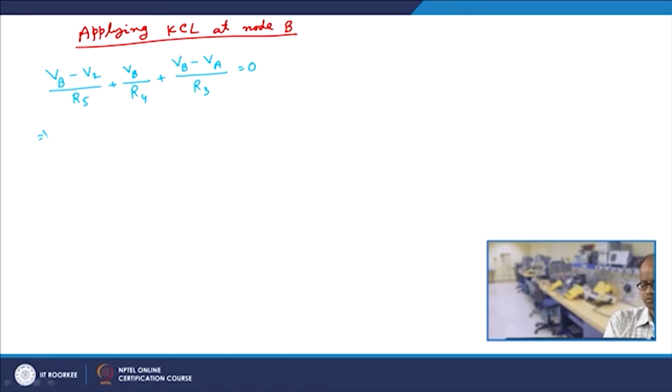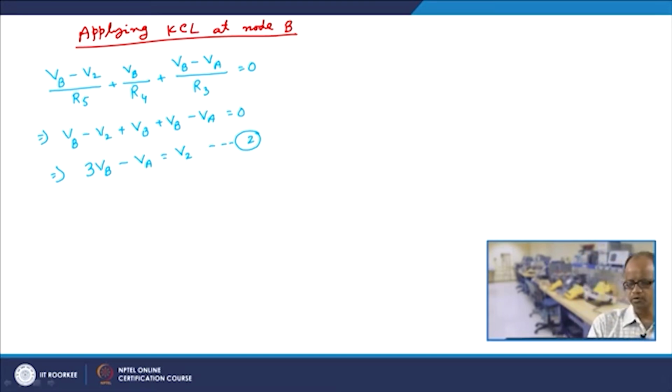So then VB minus V2 plus VB plus VB minus VA is equal to 0, or in other words 3 VB minus VA is equal to V2. So this is equation 2.